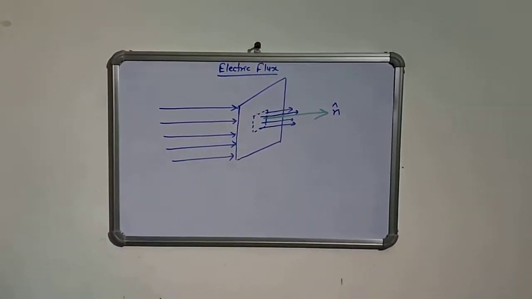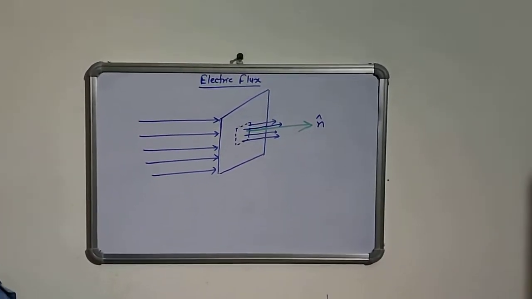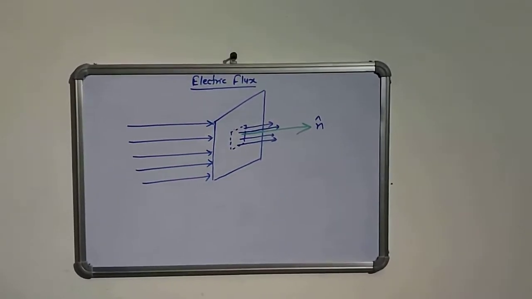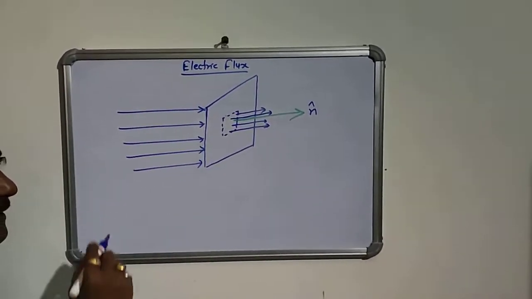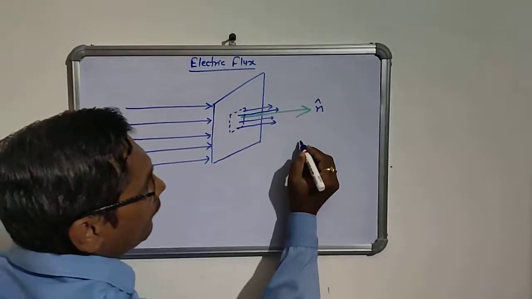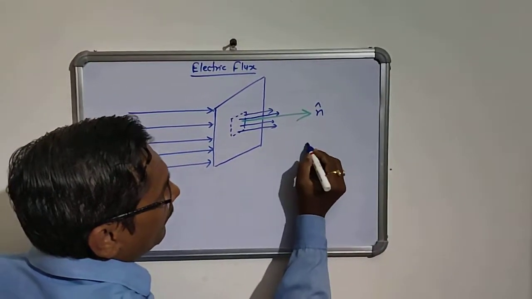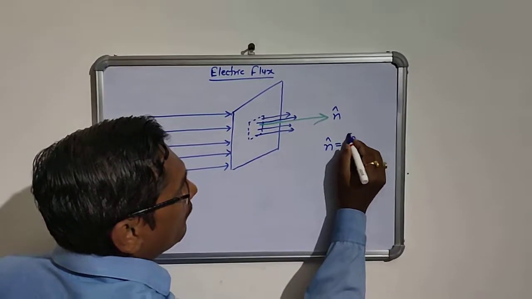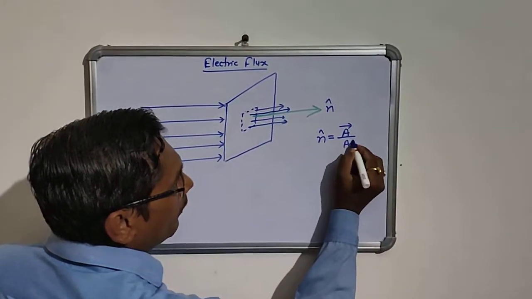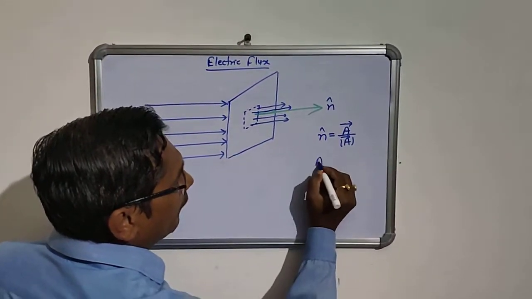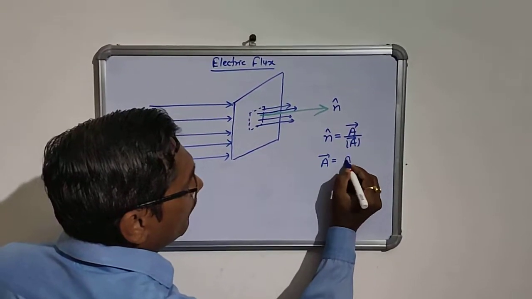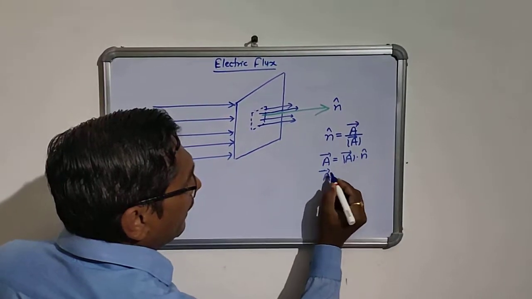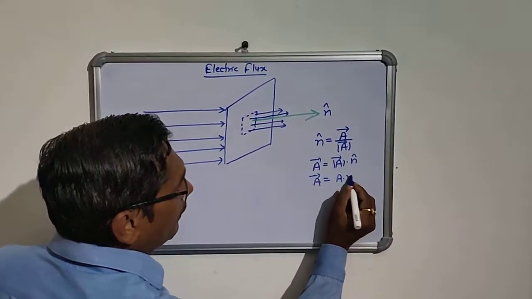Or in another way, we can say electric flux is a dot product of electric field and area vector. Here area is a scalar quantity, but we have to convert it into vector form due to this n cap unit vector, which is equal to area vector upon modulus of A. So area vector equals mod of A times n cap, or A times n cap.